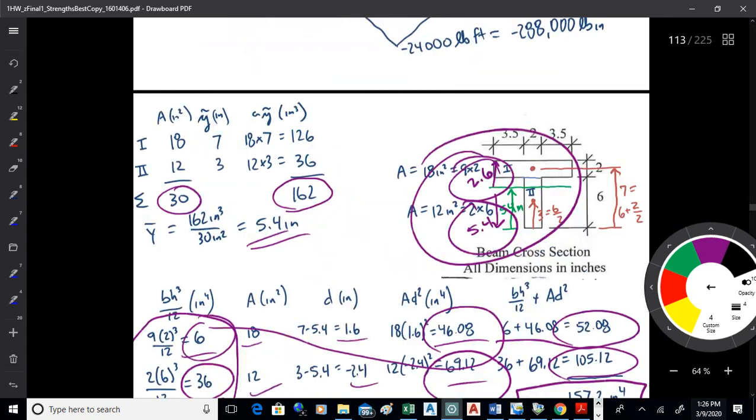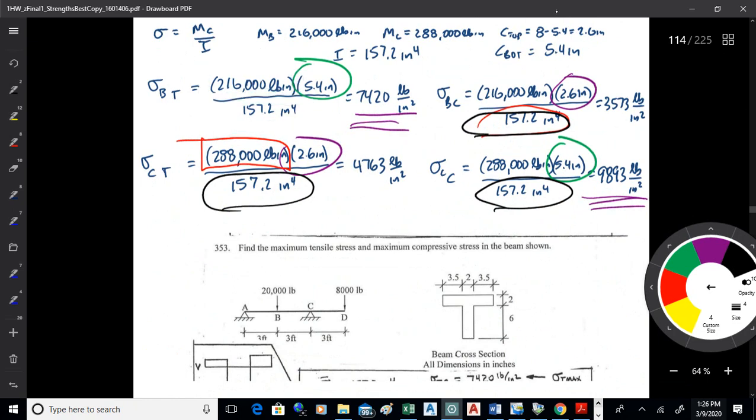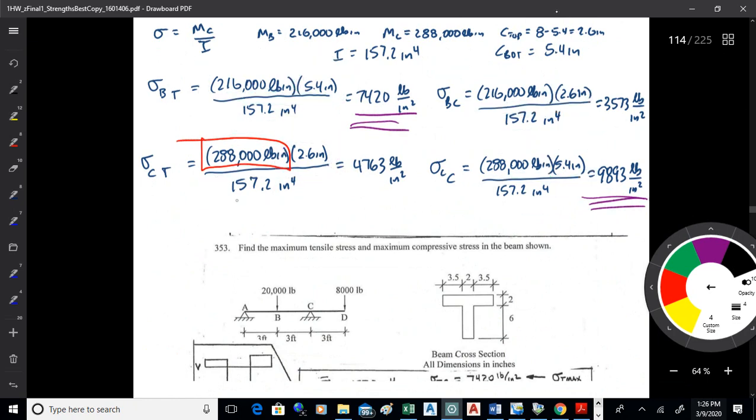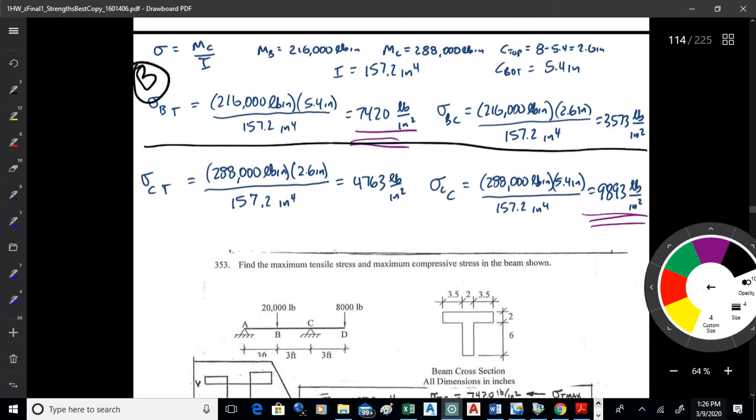So what's going on when I run the numbers is right here. I just run every possible combination. I put in the two different moments. This line here is for B, and the line below is for C. So that's where the moments come from.